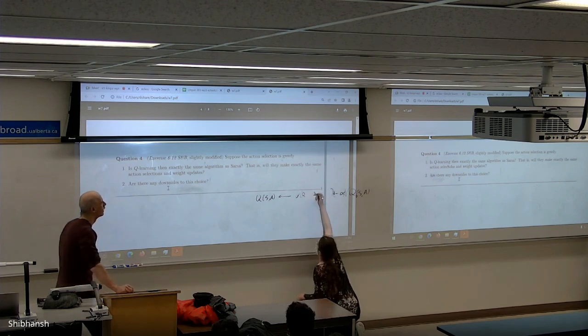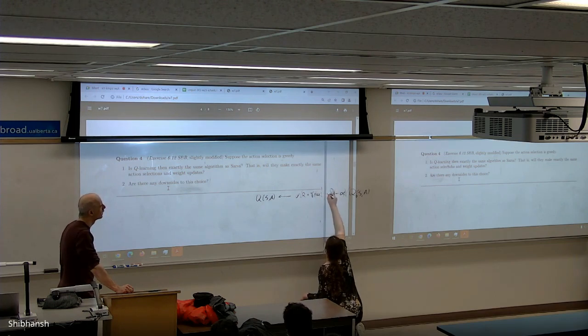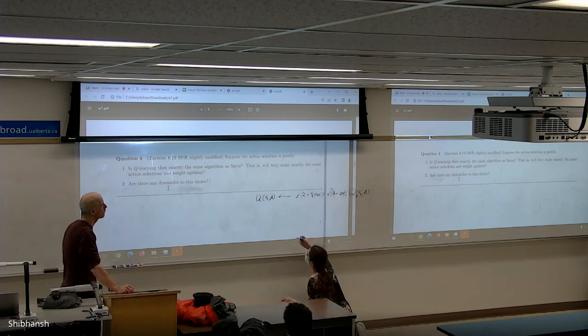Before we had the next reward plus, write it, the max of the next state, next action, so you're maximizing it over the next action you can do. So call it maybe A prime. Sure. And the max is over A prime.